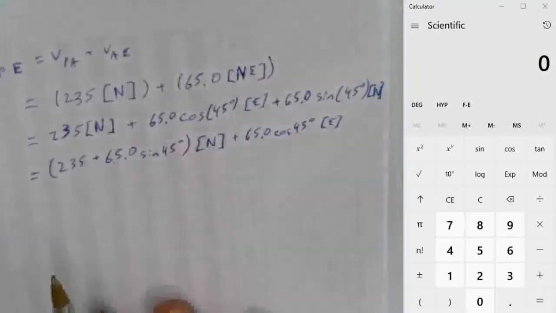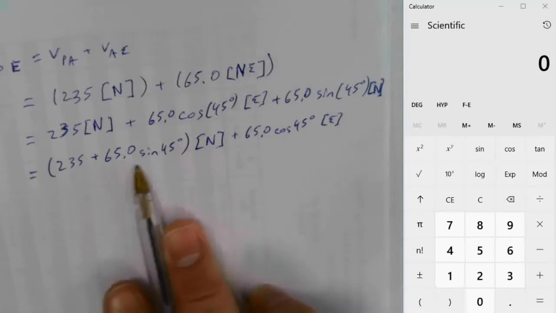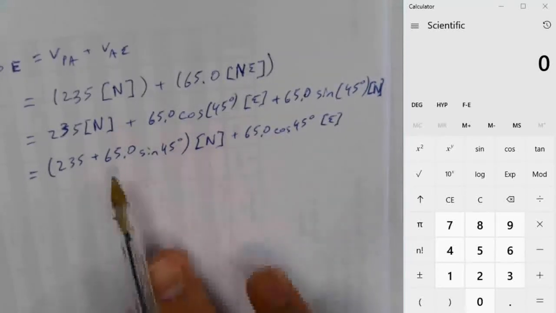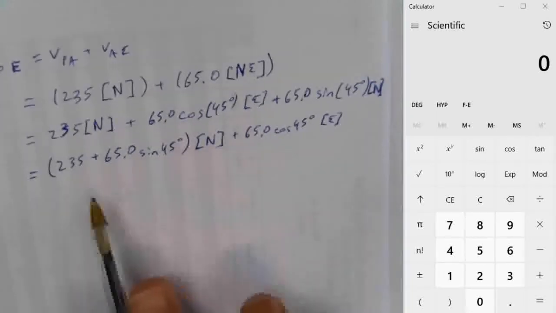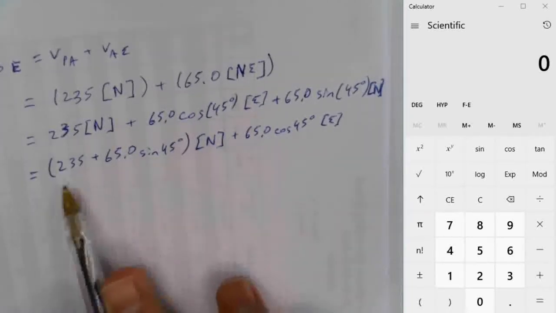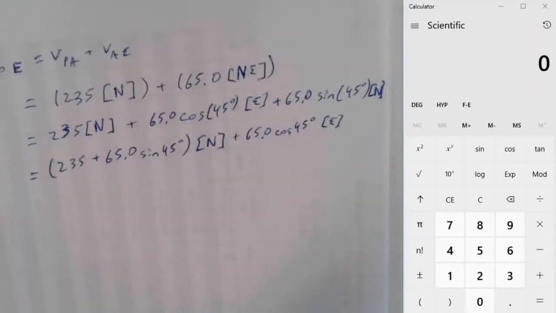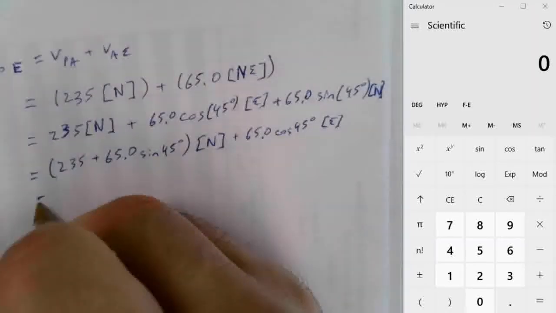So those are my two cardinal directions. This is my y component, this is my x component, and we know that this is going to be greater than that because they're essentially the same value, but this one has 235 added to it. So to make this easier, I will evaluate these.